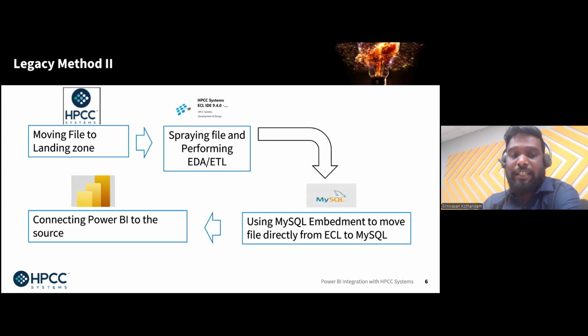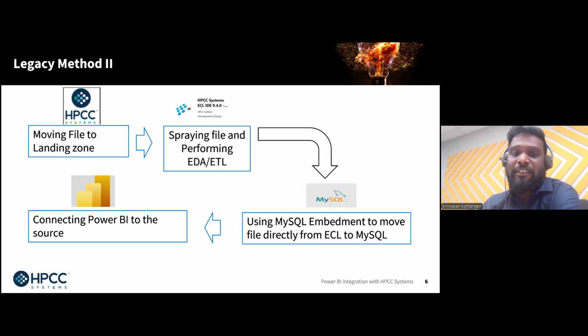Yeah, this is the second method. It has similar steps to those we covered in legacy method one. All the things, moving the files to the landing zone, spraying the data, and performing the Thor refinery process for creating dimensions and facts, everything remains the same. The only thing is the storage layer where we had to desspray the file has been removed.